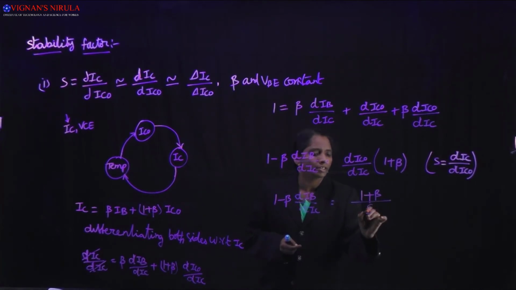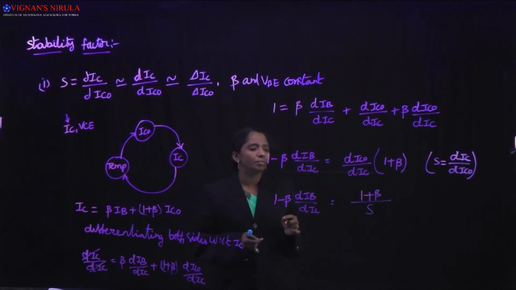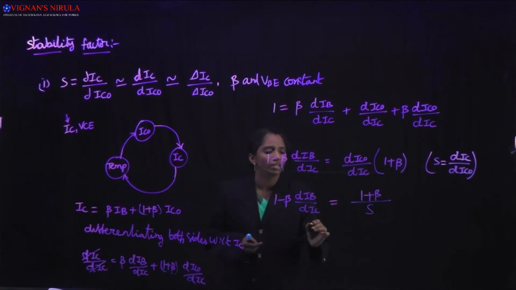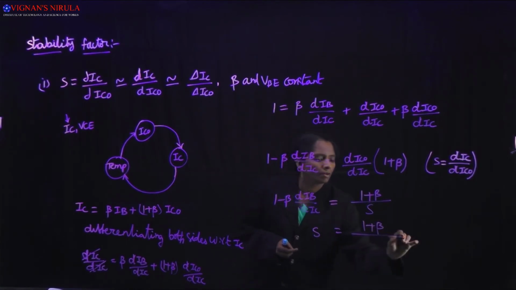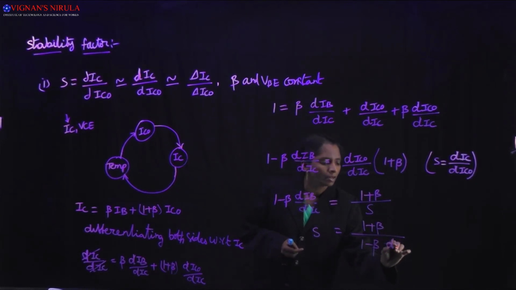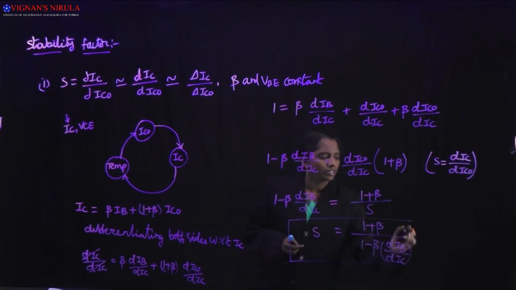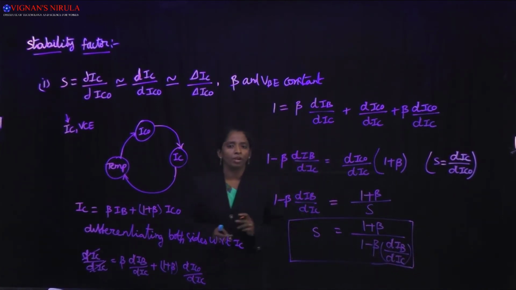We want the equation for the stability factor, so S equal to (1 plus beta) divided by (1 minus beta into dIB divided by dIC). So this is the equation for the stability factor by using common emitter configuration.